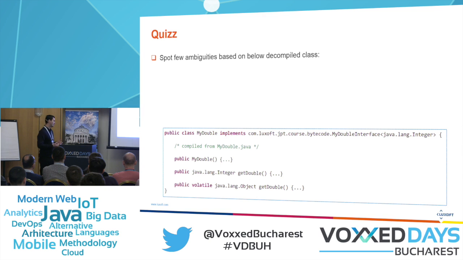Now, what's the explanation for volatile? Here, volatile is a bit tricky for programmers. It doesn't make any sense, but it doesn't puzzle the Java virtual machine. Volatile here is for the bridge methods.